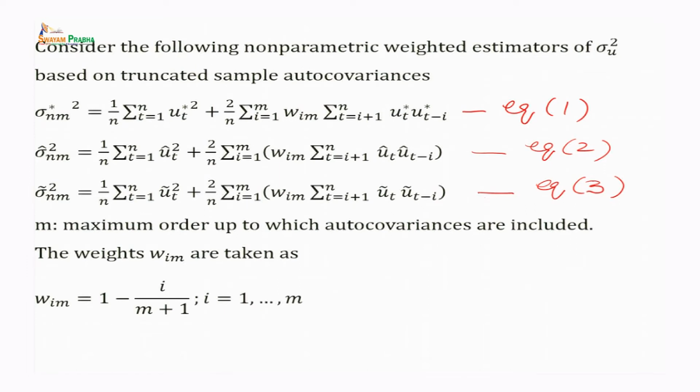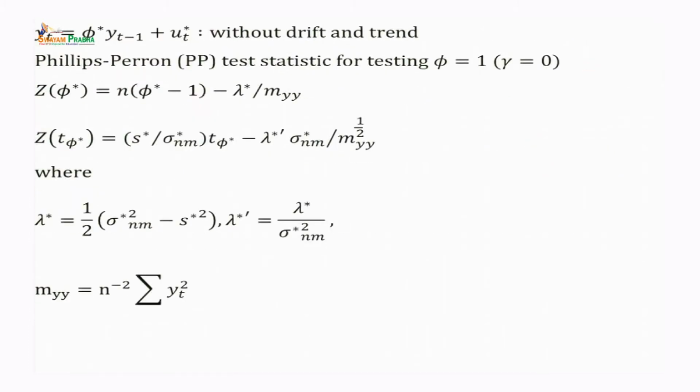So, this is how the Phillips-Perron test adjusts for the autocovariances or autocorrelations. Instead of adjusting autocorrelations in the regression equation, it adjusts for the autocorrelations in the estimation of sigma square u. Now, first we consider equation 1, the model without drift and trend.